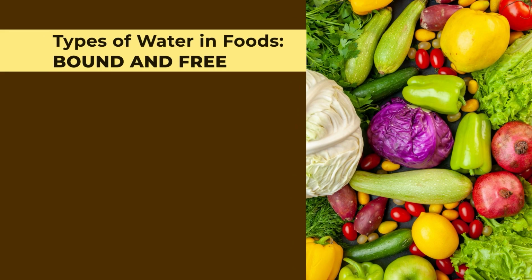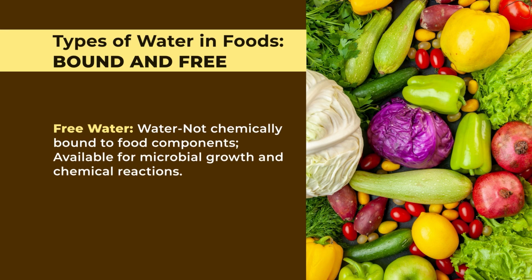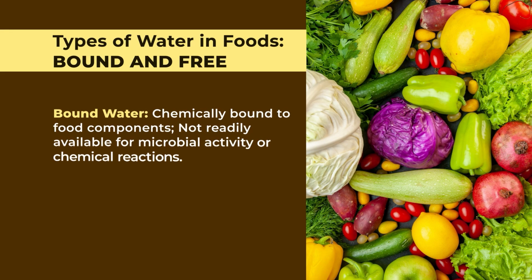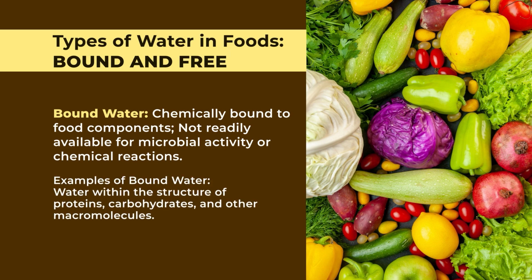Now, how do we see the water? Water is present in two forms. One is free water, and the second is bound water. When we say free water, it is not chemically bound to food components, and it is available for microbial growth and chemical reactions. The bound water is bound to food components like protein and carbohydrate, and this also gives shape to the product.